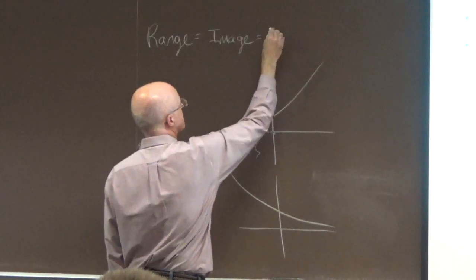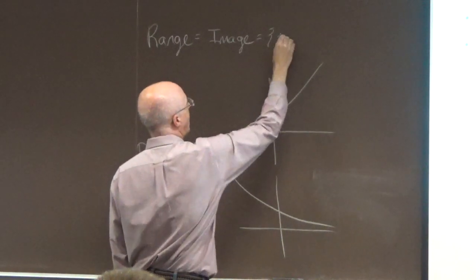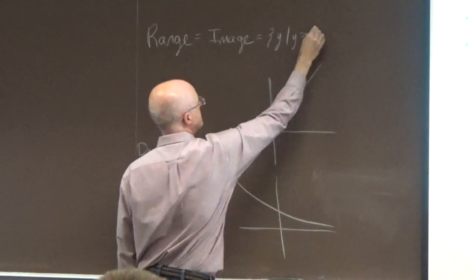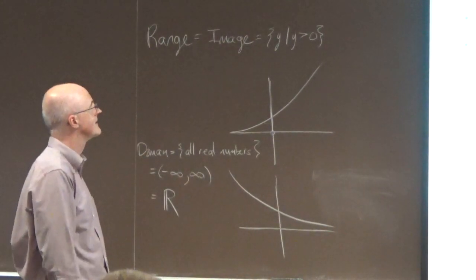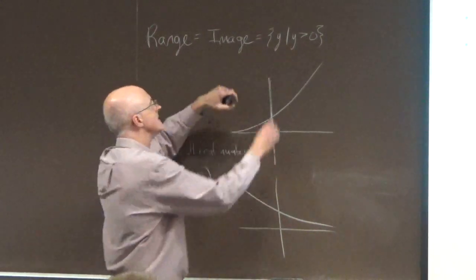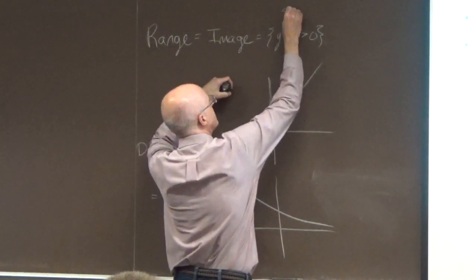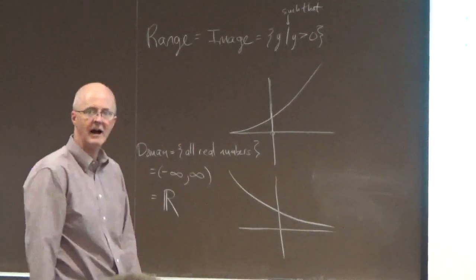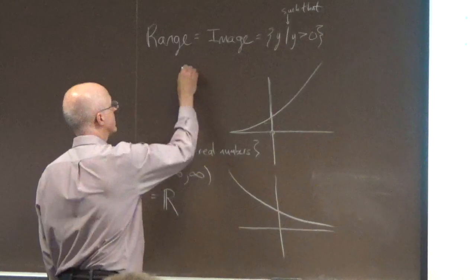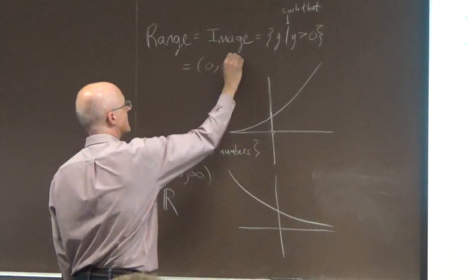You could write this in various ways. You could say the set of all y such that y is positive. I'm using y because that's the typical output letter. This vertical line means such that, or with the property that. Set of all numbers y such that y is positive. You could also use interval notation like that.